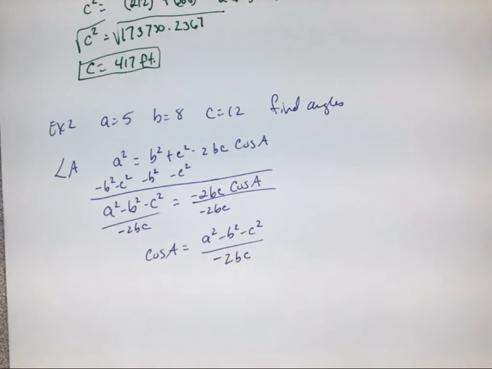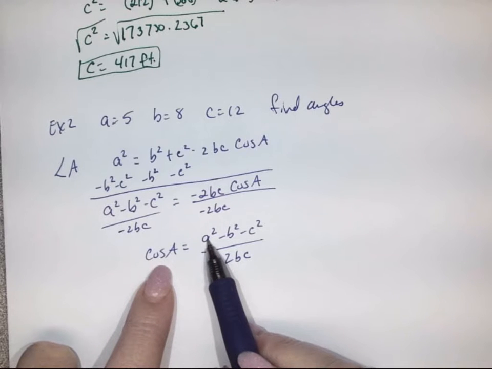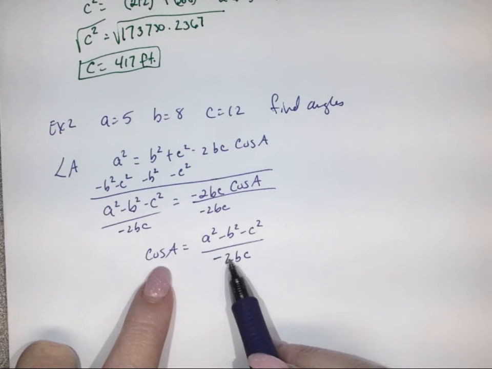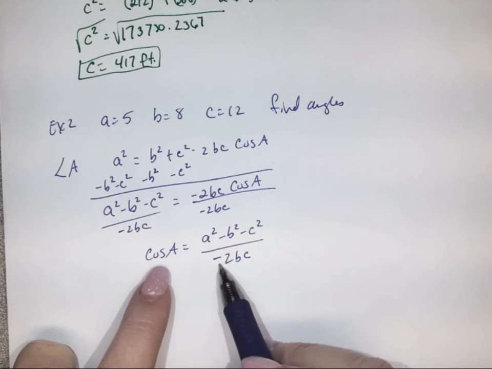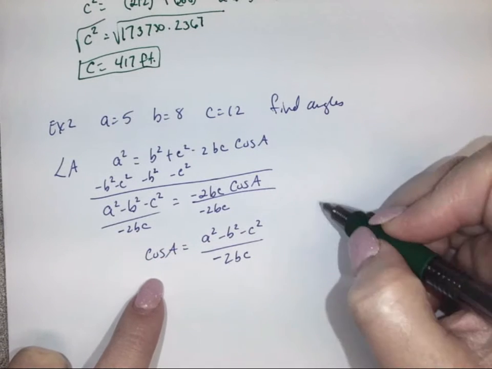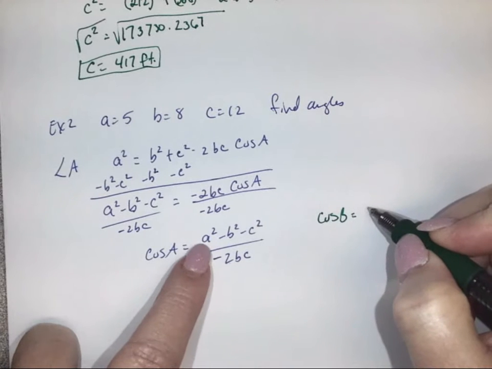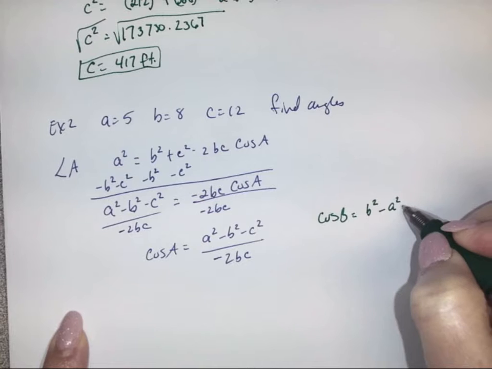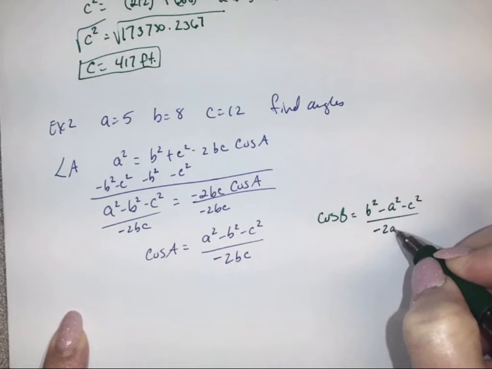And if you make connections again, the cosine of A would be starting with A squared minus B squared minus C squared over negative 2, and the B and the C still match. So I can easily transform this to the cosine of B. The cosine of B would be equal to B squared first, minus A squared minus C squared, all over negative 2AC.